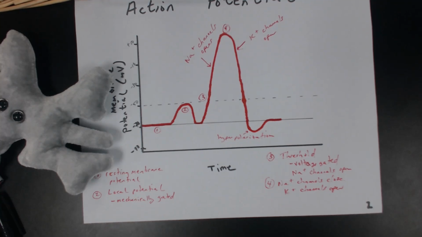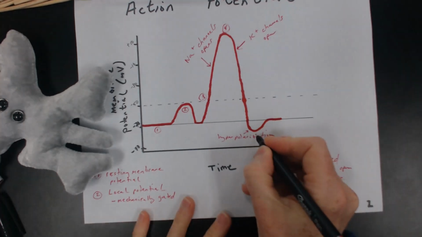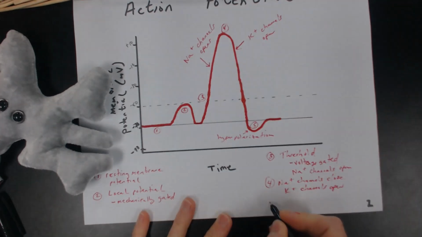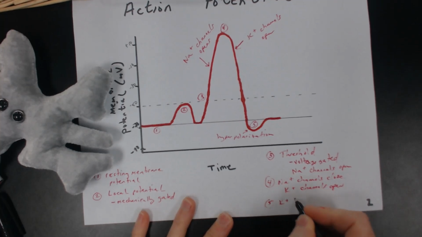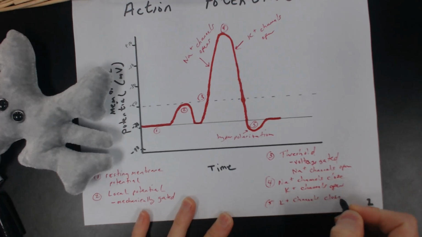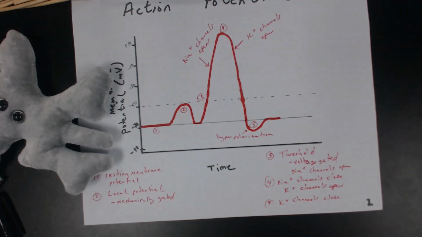The potassium channels close. I'll put that down here. At the peak of hyperpolarization, we'll label that here. Okay. Let's say here is where your potassium channels close. Okay, so you're hyperpolarized and then you slowly make your way back up to resting membrane potential.